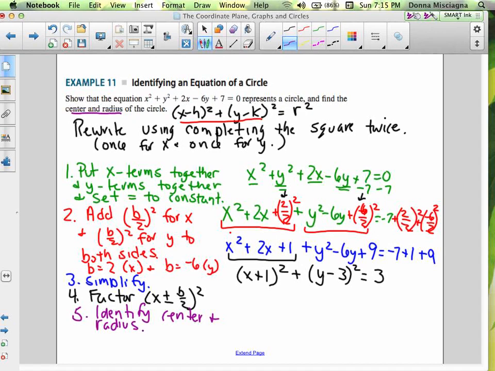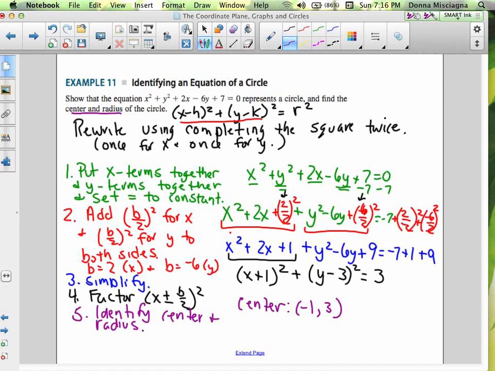So our center, remember the equation is x minus h. So if we see a plus, this is really x minus a -1. So our center is going to be -1. The negative goes with the equation for the y there. -1, 3 is the center.